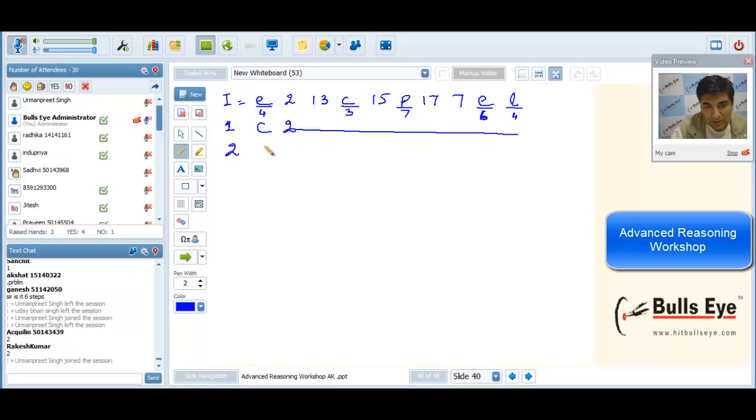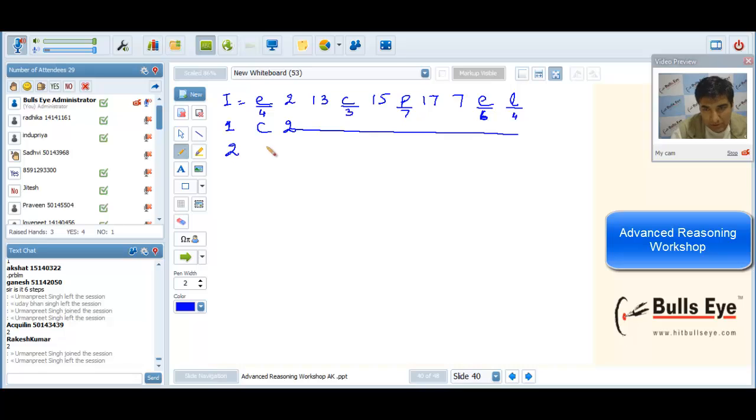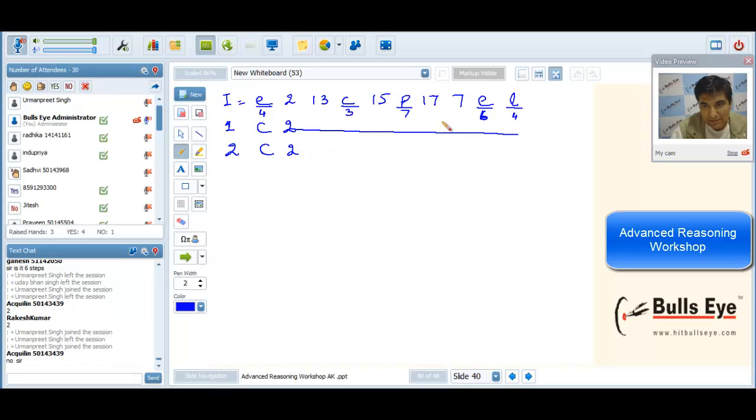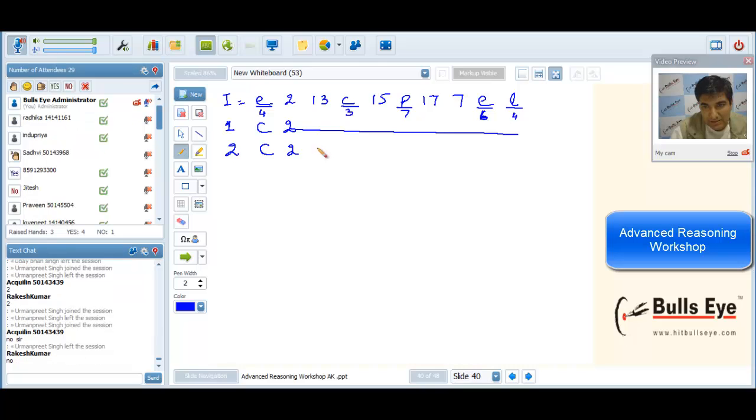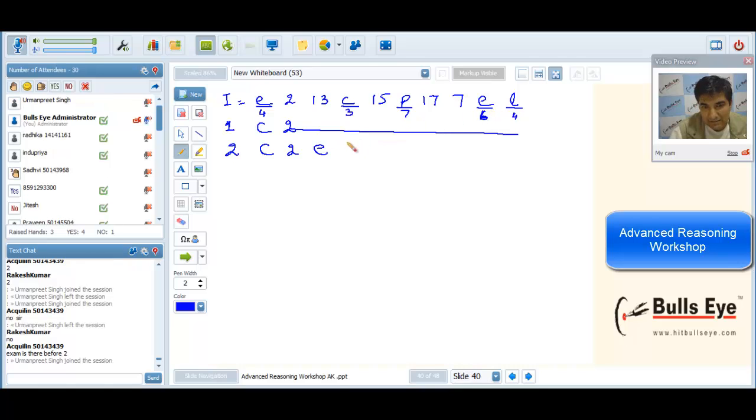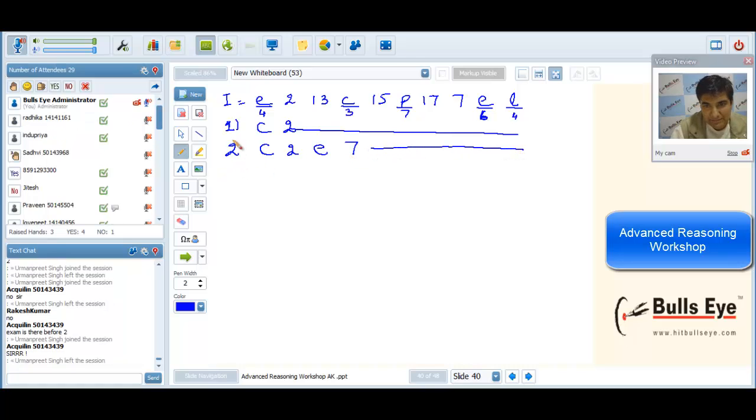Then what should come next is 7, because 7 is the next larger number, then everything else as it is.